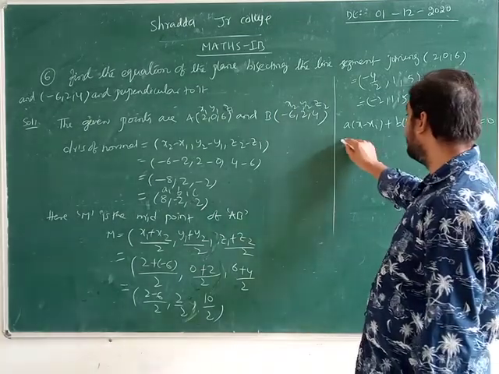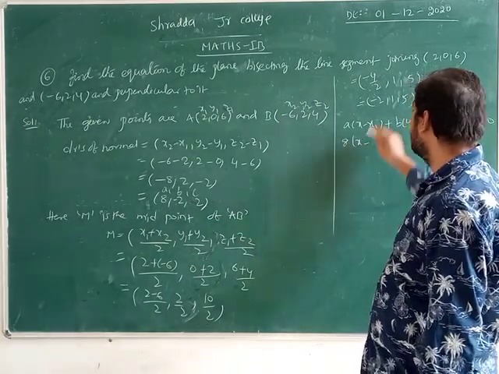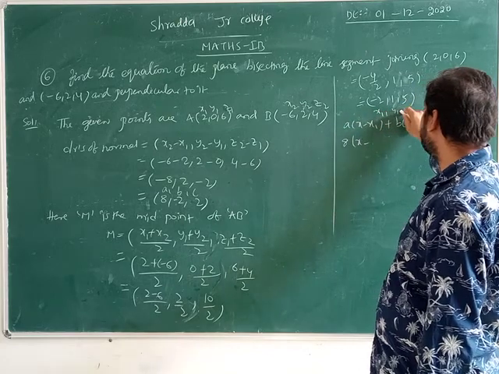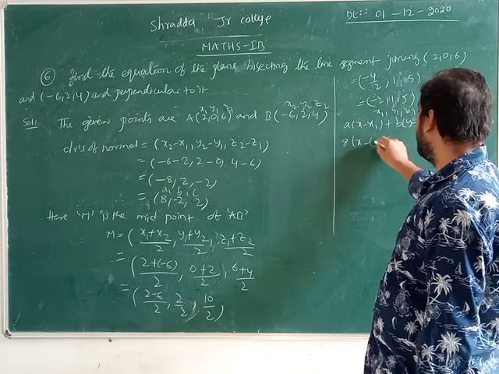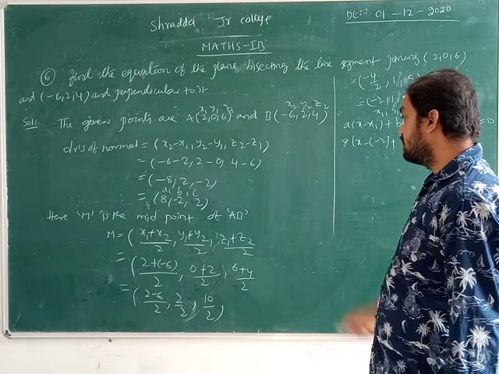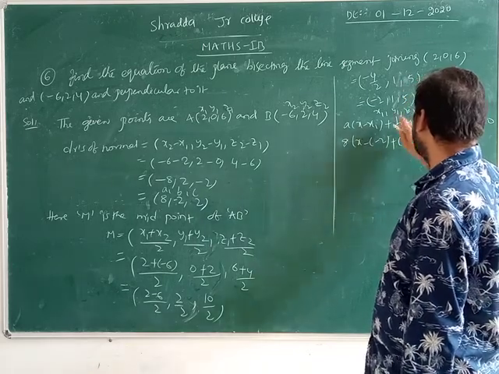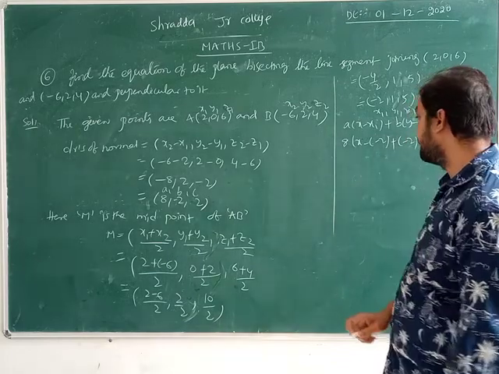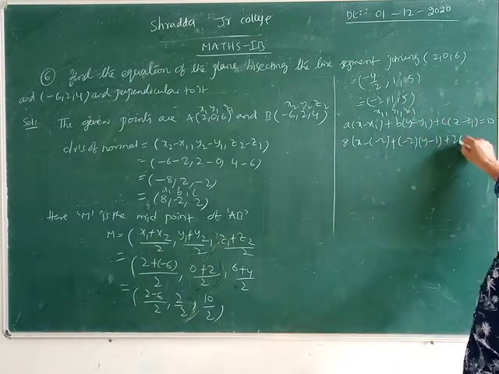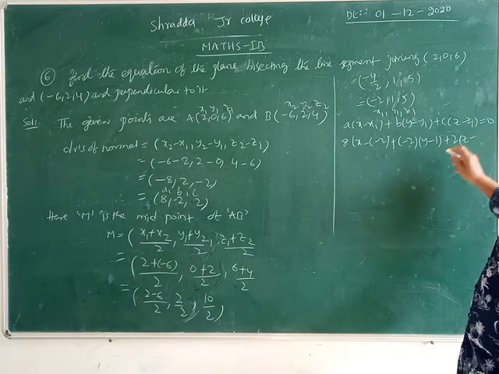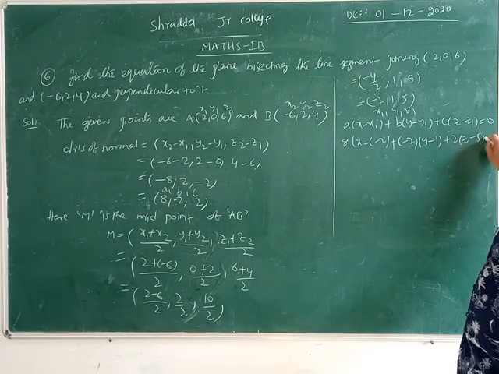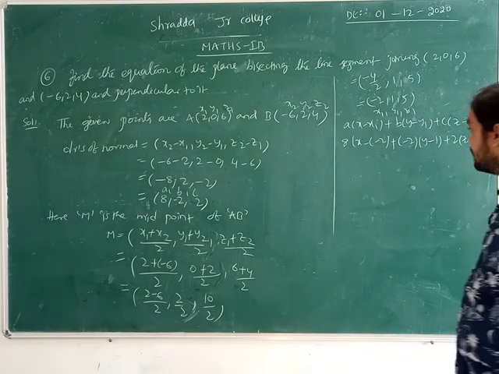Now what is a here? 8 into (x minus x1), where x1 is minus 2, plus, what is b here? Minus 2 into (y minus y1), where y1 is 1. Next, what is c? 2 into (z minus z1), where z1 is 5. This equals 0.